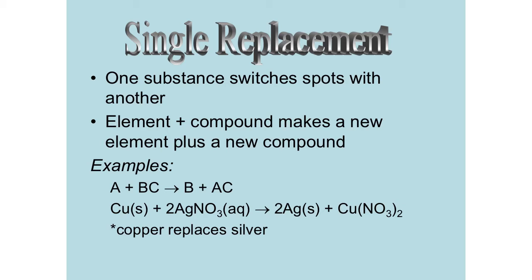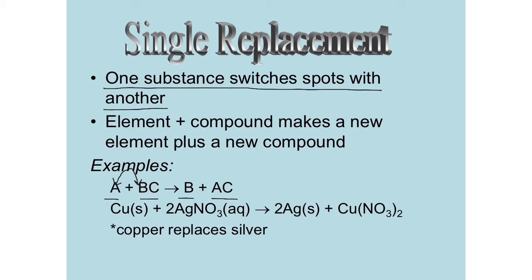In a single replacement reaction, one substance will switch spots with a different substance. So if we take a look at this first example here, we have A plus BC makes B plus AC. So in this one, A and B switched spots. So you have one switch, hence single replacement.